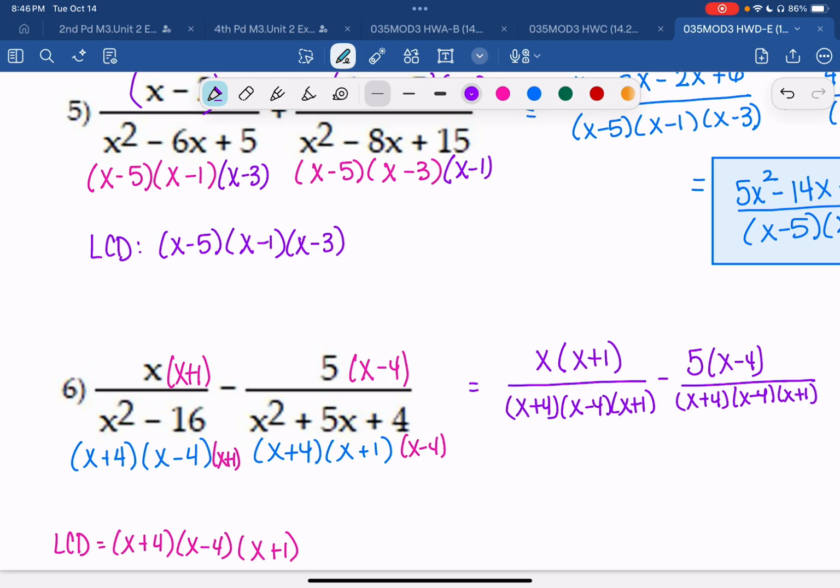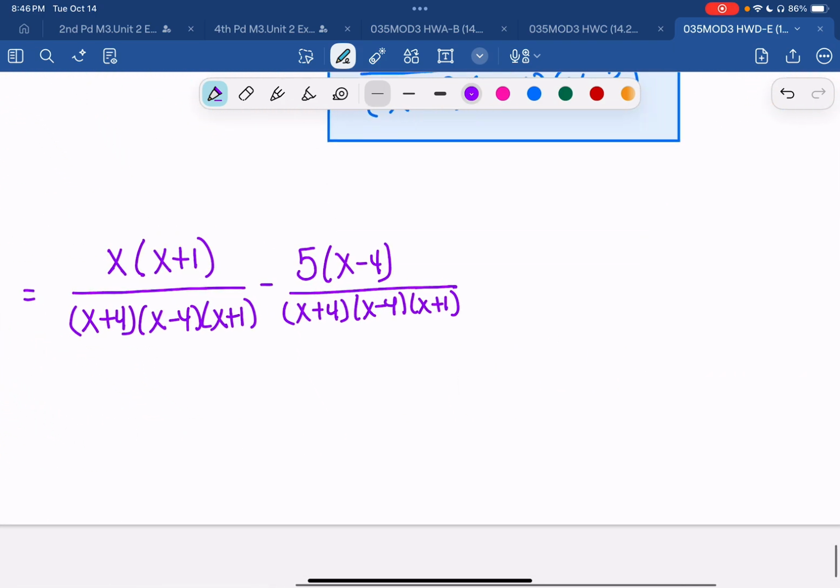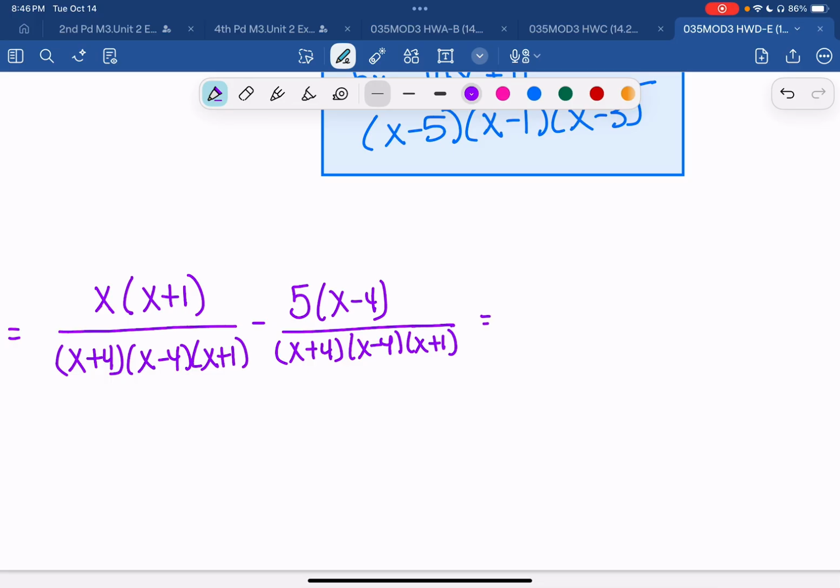Okay. All right, let's start multiplying. So I've got x squared plus x, and then I've got 5x minus 5x minus 20. Now, here's where you have to be careful, okay?